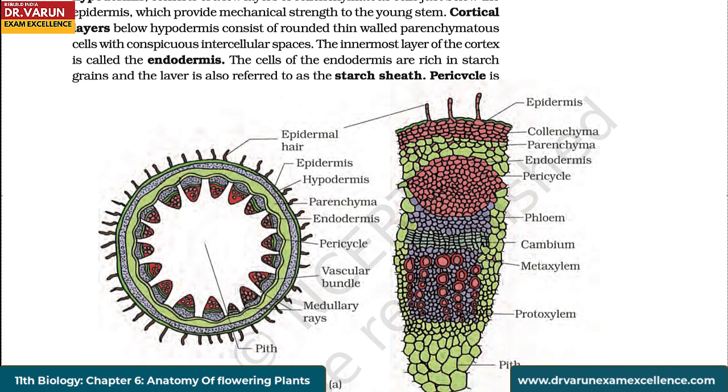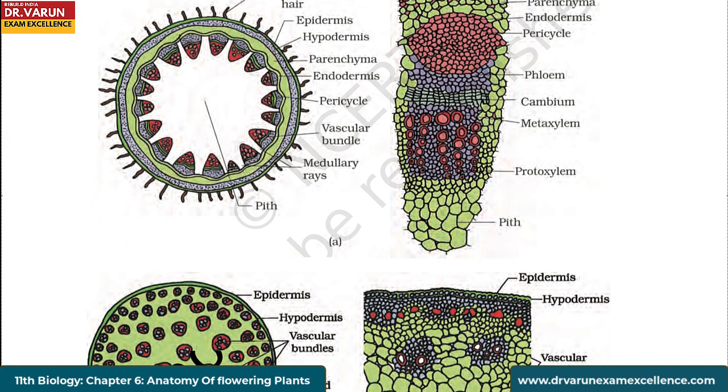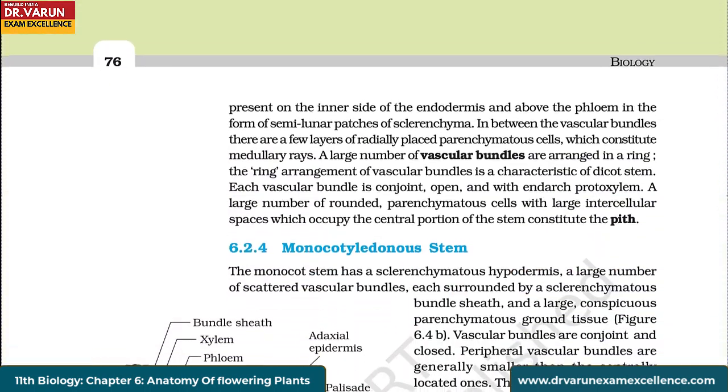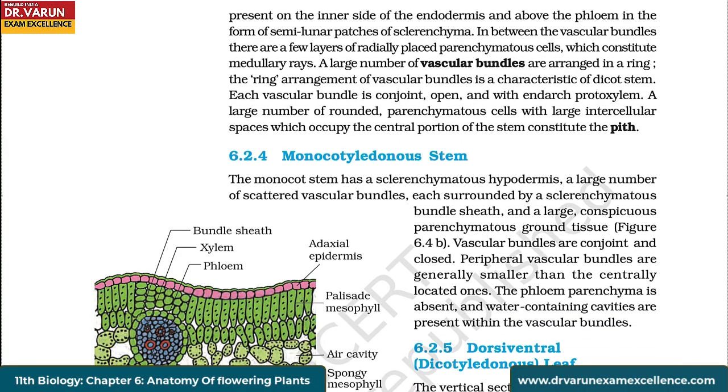The innermost layer of the cortex is called the endodermis. The cells of the endodermis are rich in starch grains and the layer is also referred to as the starch sheath. Pericycle is present on the inner side of the endodermis and above the phloem in the form of semilunar patches of sclerenchyma. In between the vascular bundles, there are a few layers of radially placed parenchymatous cells which constitute medullary rays.